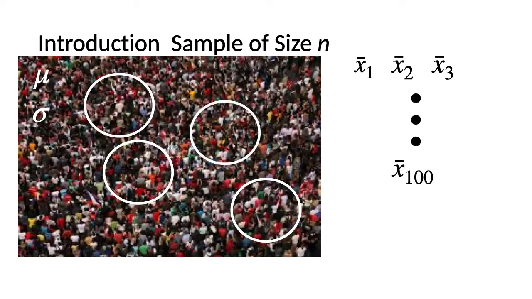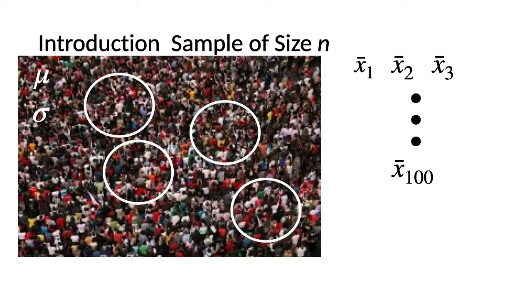Now suppose that we do this, say, 100 times. Let's just observe that all of those x bars are all different numbers. They're all different. But again, we would hope that they are hunkered around, or maybe close to, the population mu.